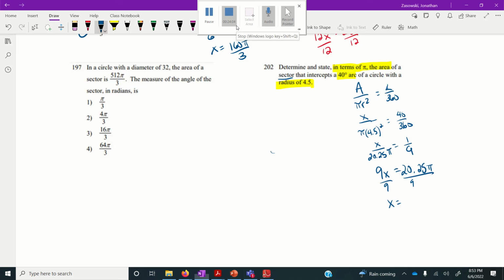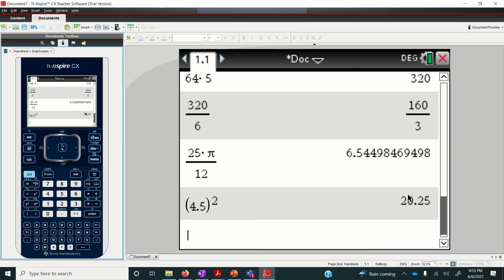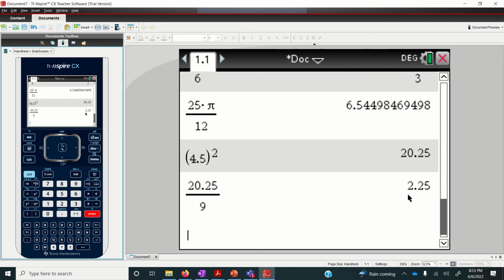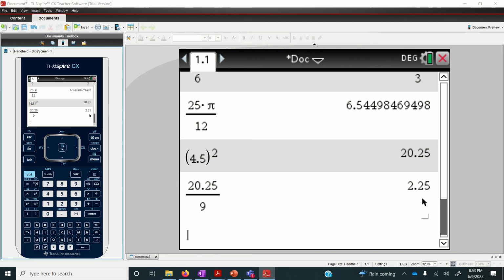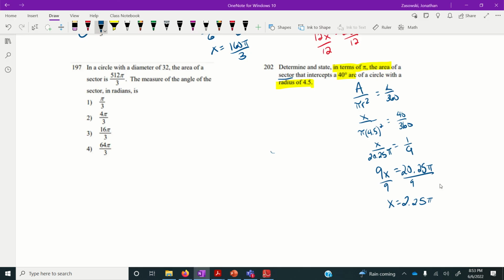Since it does say in terms of pi, we're going to leave the pi out of it and just divide the 20.25 by 9 and leave the pi attached. So x is 2.25 and then the pi. And this, remember, is in units, and it doesn't give you units. So you don't have to put them, or you can write U for units or anything like that, but that would be our answer. Okay.